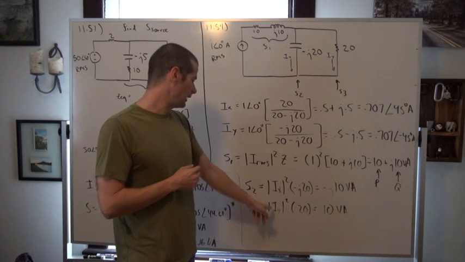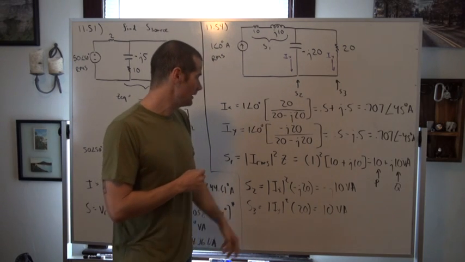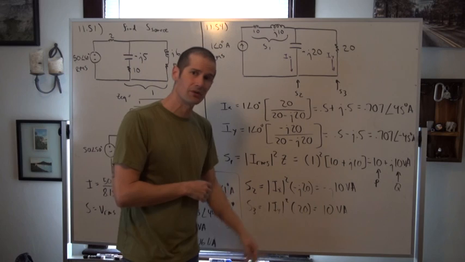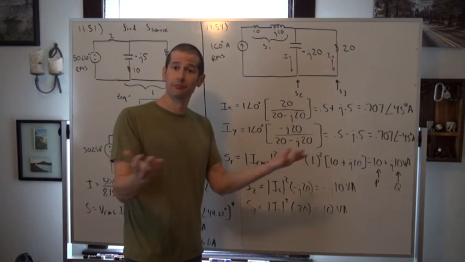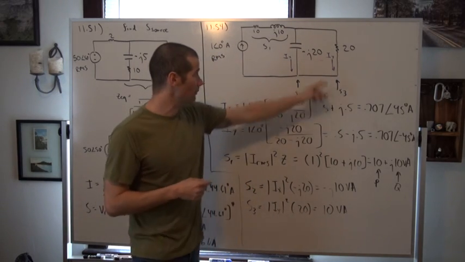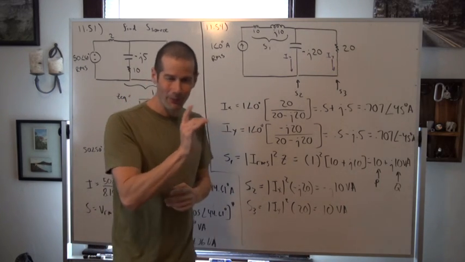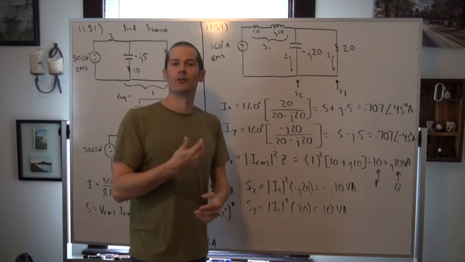If we look down here, IY squared, that's going to be 0.707. See how that phase angle doesn't even come into play when we take the magnitude of it and square it? And we multiply it by 20 ohms, and that comes out to be equal simply to 10 volt amperes. But we know in this branch, since there's no imaginary portion to it, that it's all real power, or 10 watts.